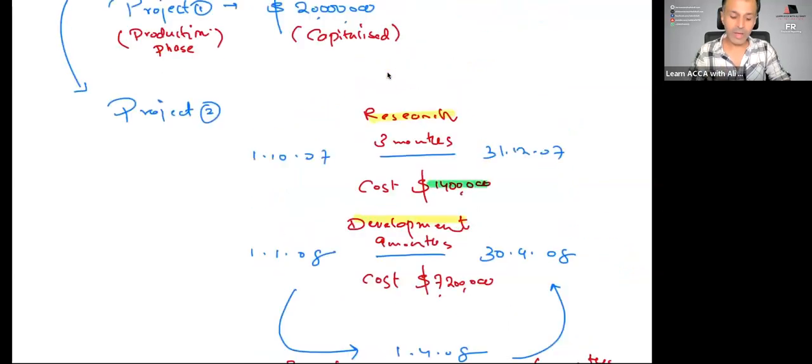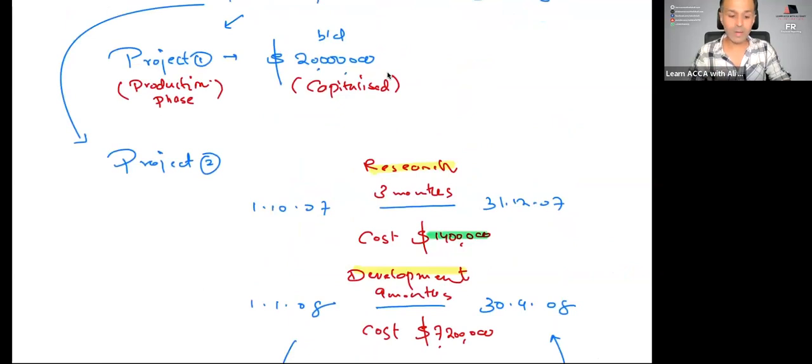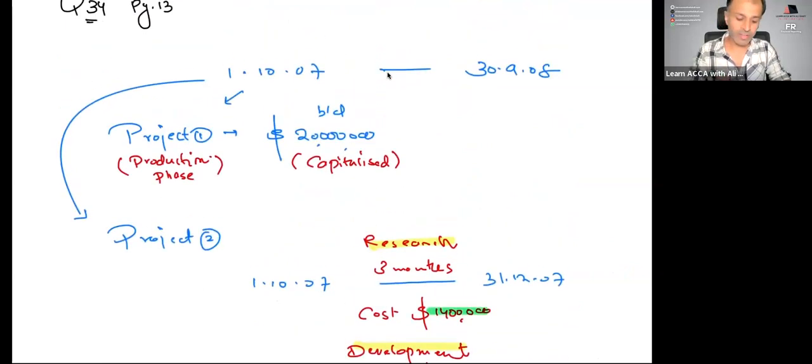Okay. Now, the one that we have capitalized will be amortized. The project is currently in the phase of production, and the amortization commences from the day the project gets into a phase of production, which this project is already in.